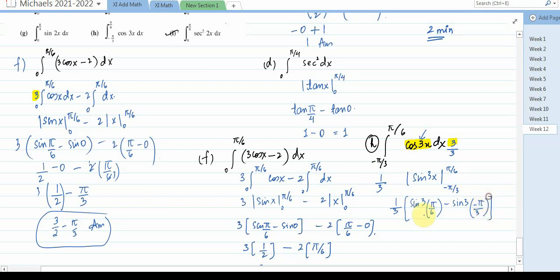So 3 1s are 3, 3 2s are 6, 3 and 3 cancel. So it's 1 over 3 times sine pi minus sine minus pi. Alright, so we can easily calculate it.